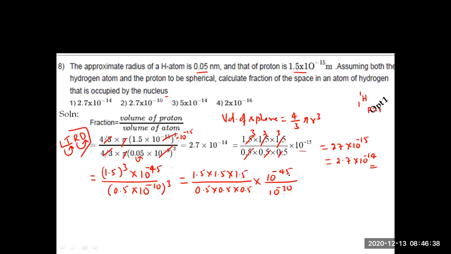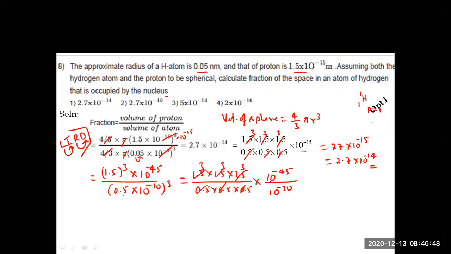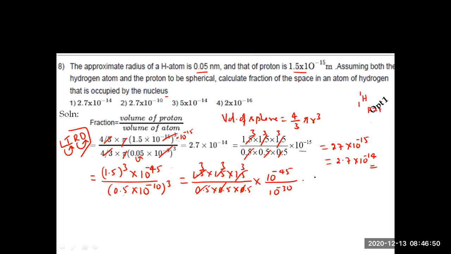If 10 raised to minus 30 goes to numerator, it becomes plus 30. Correct now? 3 times and 3 times. 3 into 3 into 3, 27. So what remains? Minus 15 is nothing but this one.